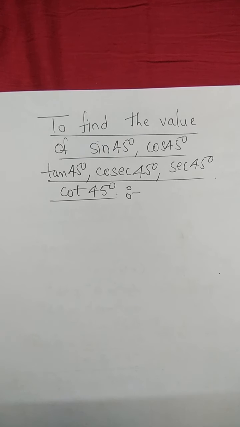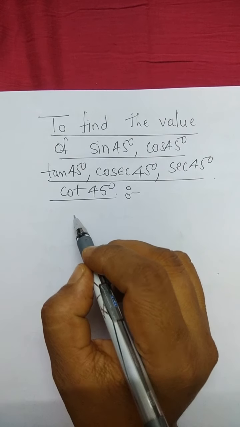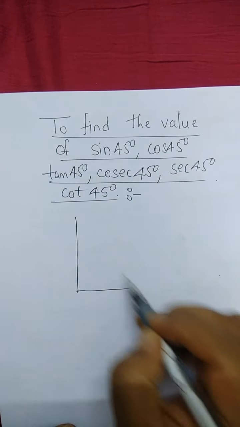Now we will find the values of all the ratios for the 45-degree angle. As this is a 45-degree angle, which type of triangle do we need? Yes, we need an isosceles right triangle. Very good. We need an isosceles right triangle because, let us draw the triangle, then you will understand.